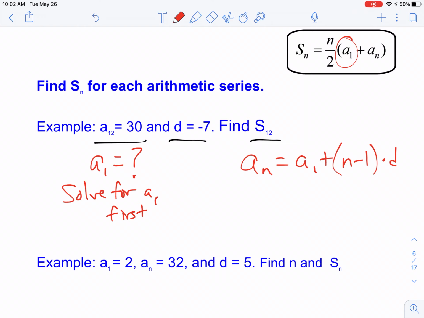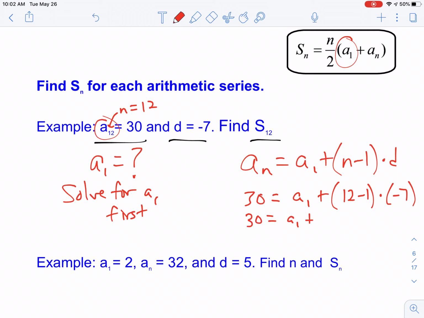So an is essentially this, a12. So a12 is 30 equals, we don't know a1, plus n minus 1. So n here, remember, n is always that little number right there, that little subscript. So n is 12, and they tell us d is negative 7. So 30 equals a1 plus 11 times negative 7.